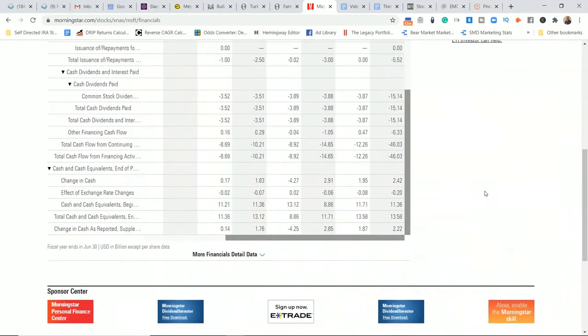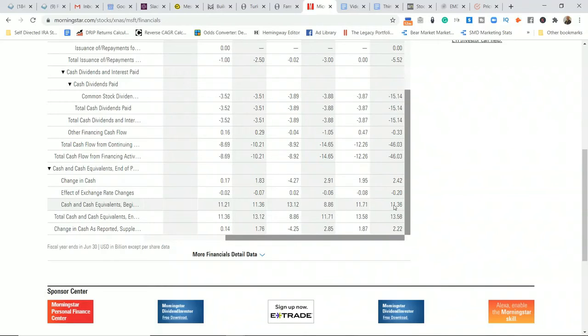So this change in cash in the last 12 months minus the effect of rate changes does not equal that. It equals this. So this is the free cash flow number. Again, I don't know why they do this here.